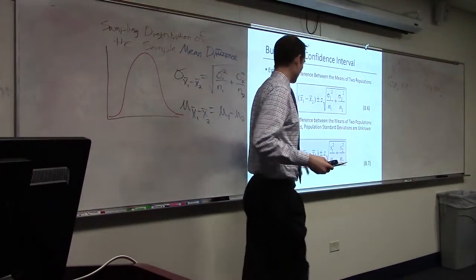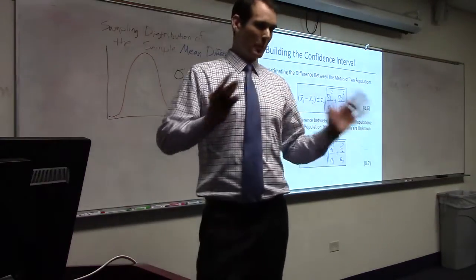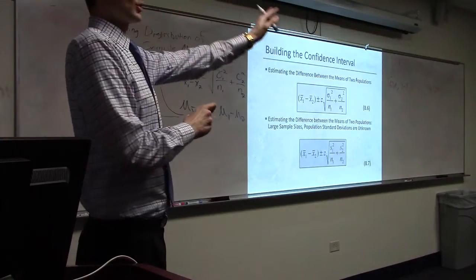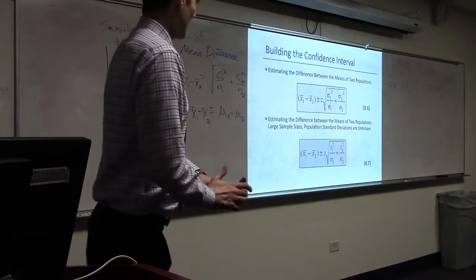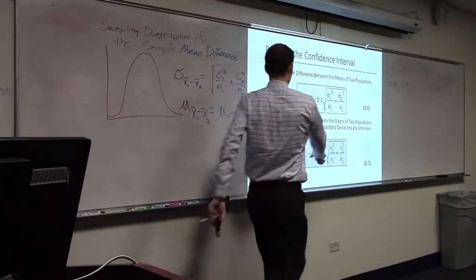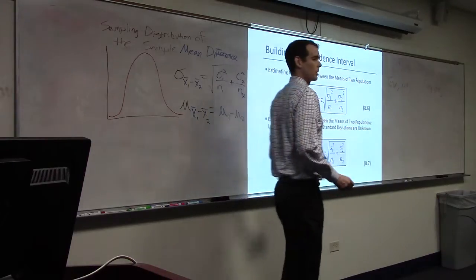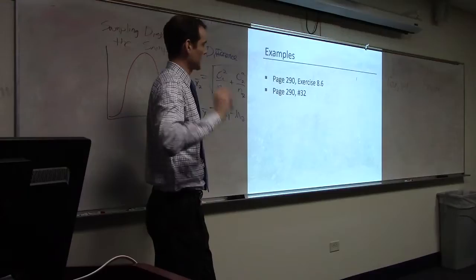They figure it's all going to add up to a normally distributed sampling distribution of the sample mean, so you can just use z. Does that make sense? All right, so we take our sample mean difference plus or minus our z value times whatever we calculate our standard error to be.